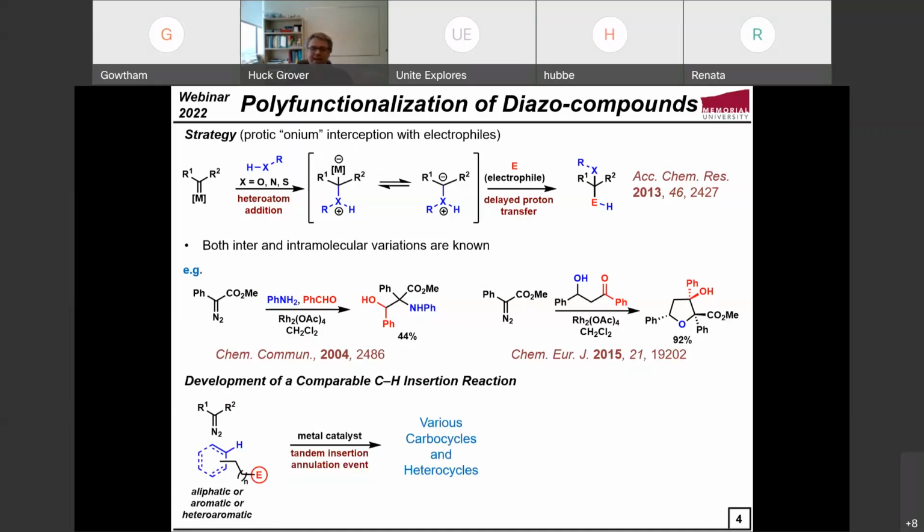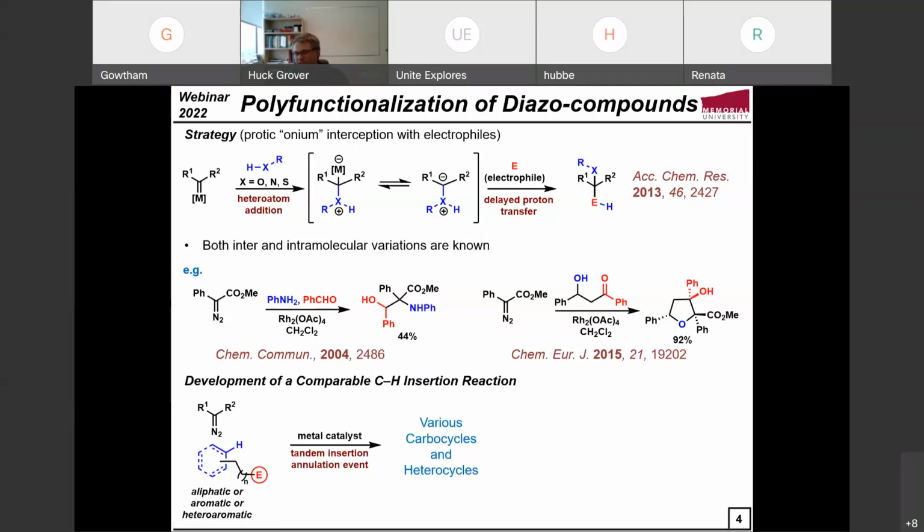One of the main contributions to why is controlling site selectivity. What CH bond will undergo an insertion reaction with the reactive metal carbenoid that you generate from the diazo compound? It is not controlled by the nucleophilic lone pair of electrons on your heteroatom. So controlling the selectivity is a little bit problematic.